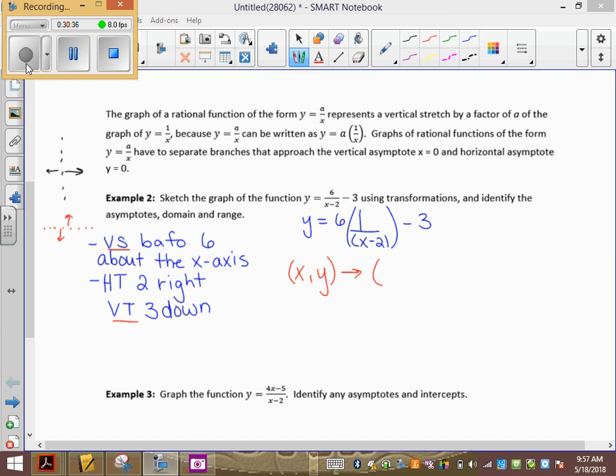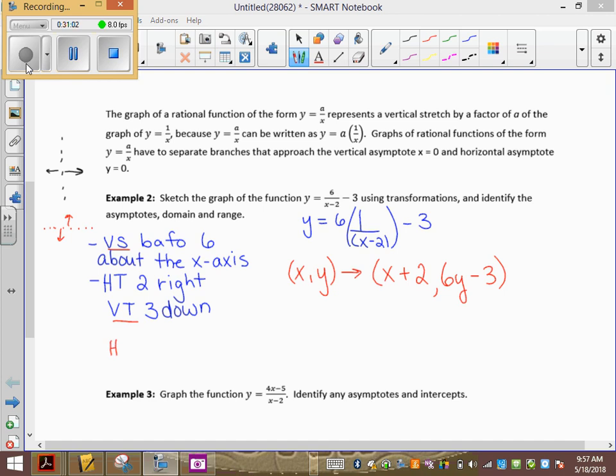So we're going to get 6 times y minus 3. What's going to happen to my x? It's going to go x plus 2. We agree?